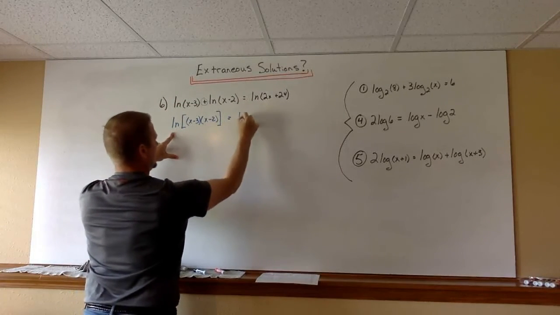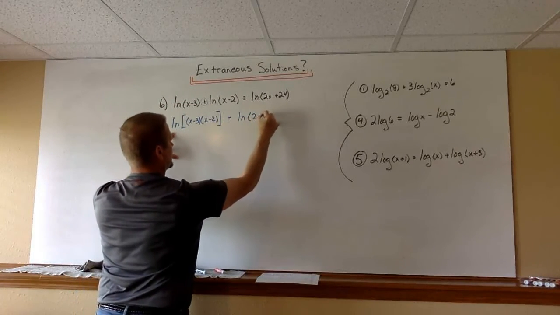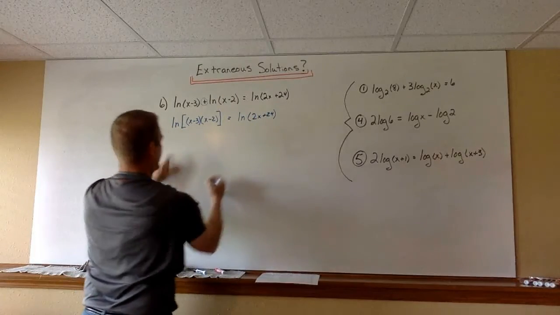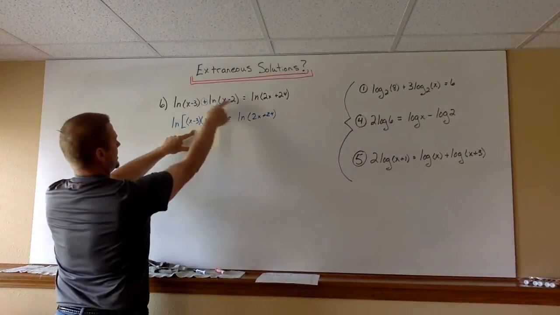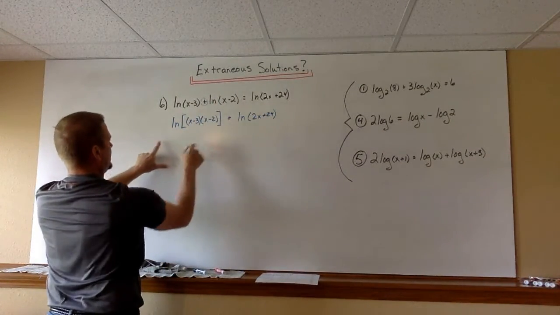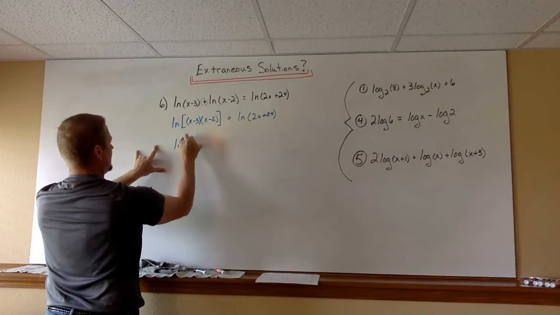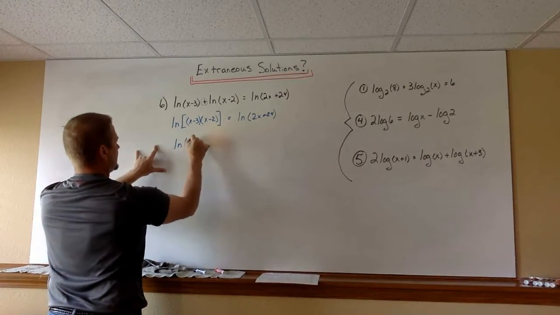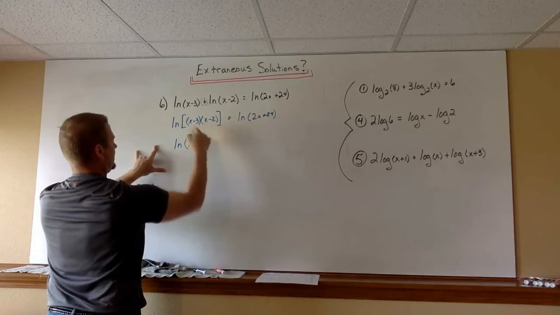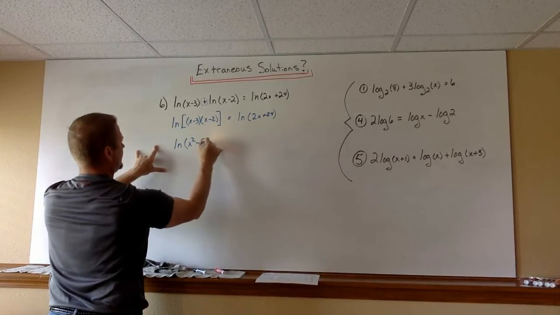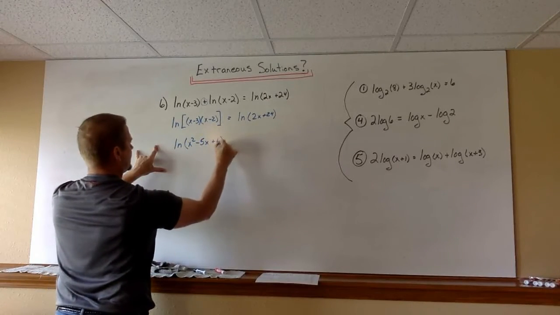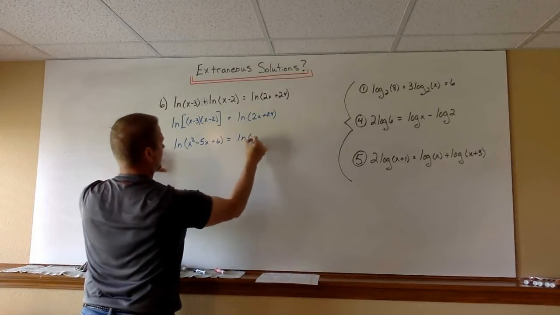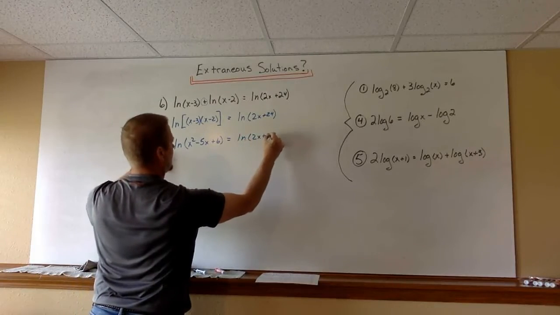I usually would mentally multiply this and jump straight to here, but I wanted to show you. That's going to give me x squared minus 5x plus 6 equals the ln of 2x plus 24.